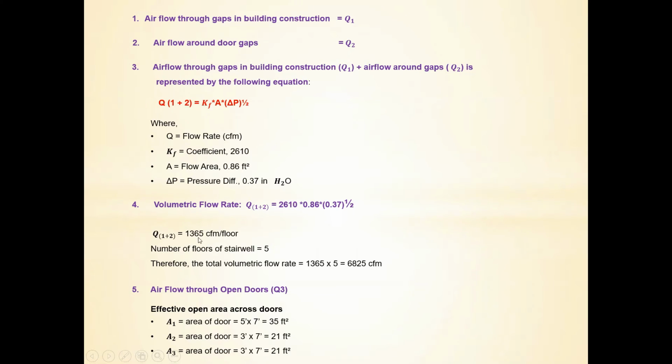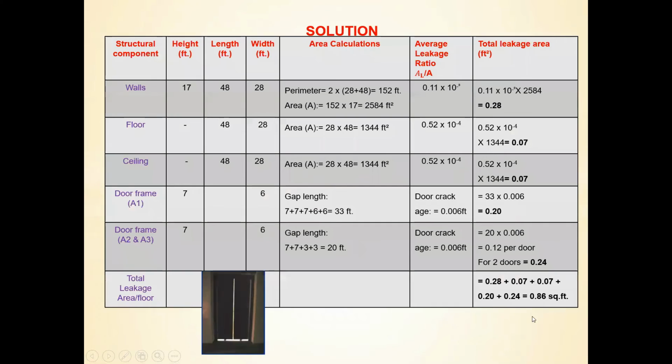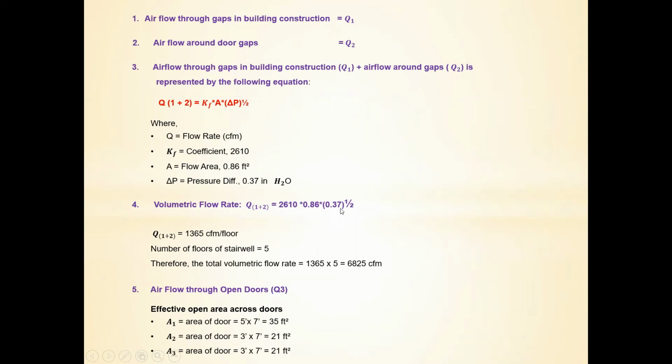So 2610 into 0.86, which is the total leakage area in the floor, into 0.37, which is the pressure differential in inches, which is to be maintained. So we can calculate the total volume flow rate across all the building structure elements on one floor, which works out to 1365 CFM per floor, and we have number of floors for the stairwell as 5. So the total flow rate for the 5 floors becomes 1365 into 5, which is 6825.